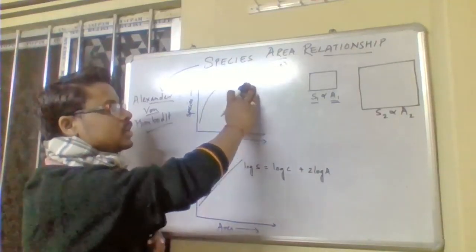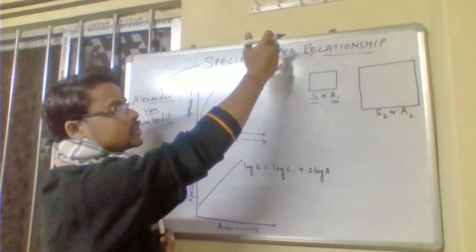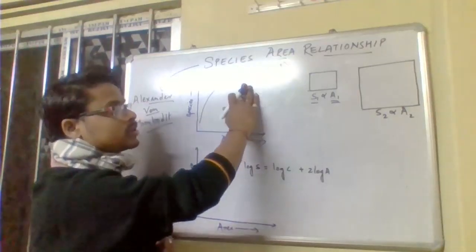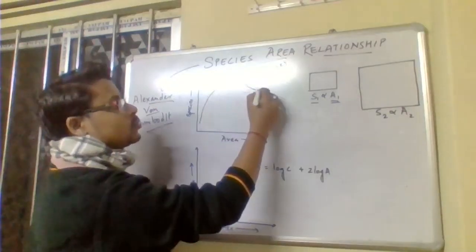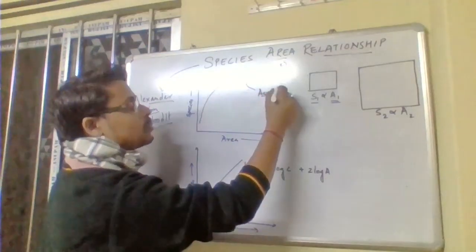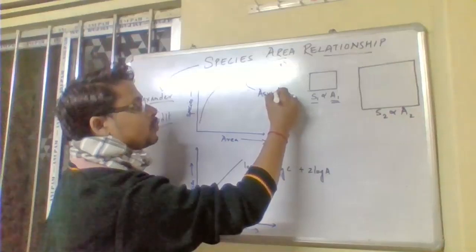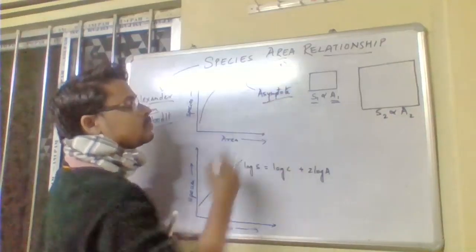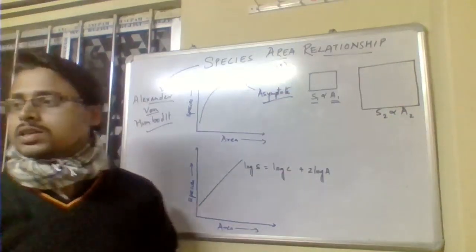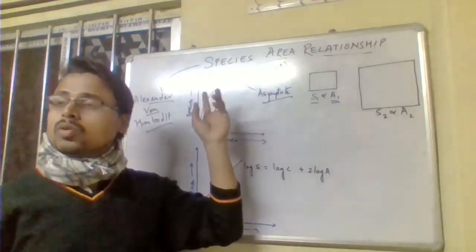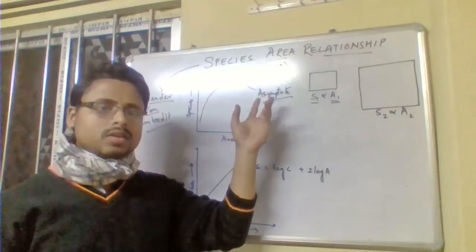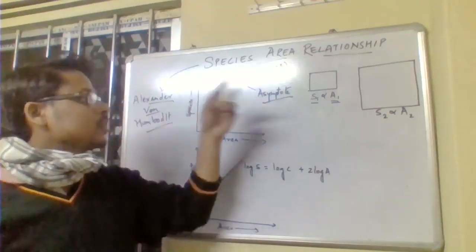The species will increase up to here. After this, if the area is increased further, the species will remain the same, and that particular point is known as asymptote. Asymptote means the point from where there will be no further increase of the species, right?